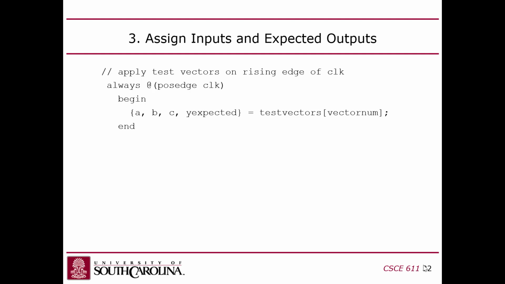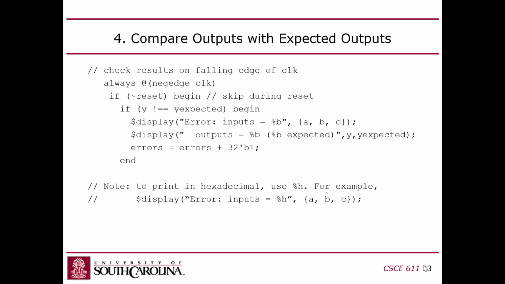So on the rising edge of the clock, I hit the ALU, or in this case the design under test, with inputs. And then on the falling edge of the clock, which is always @(negedge clock), I check to see if Y doesn't equal Y expected, and if it doesn't, I print an error and increment my error counter. Now there's some other details in there I'm skipping over, but I'm just trying to highlight the important parts here.